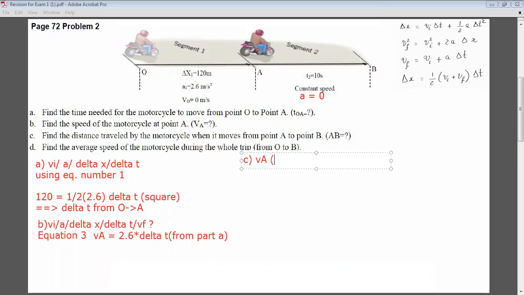We have it from part B. Okay. What else do we have? We have acceleration, which is 0. We have delta t. Actually, we also have v final. We also have vb, which is v final.